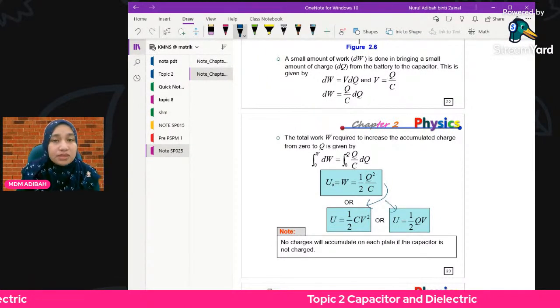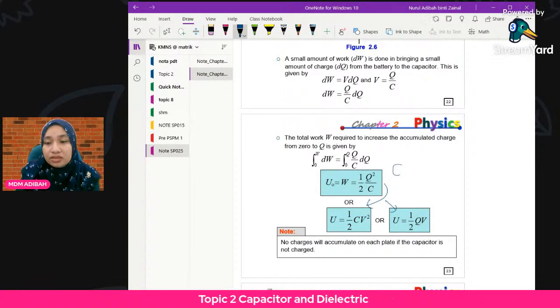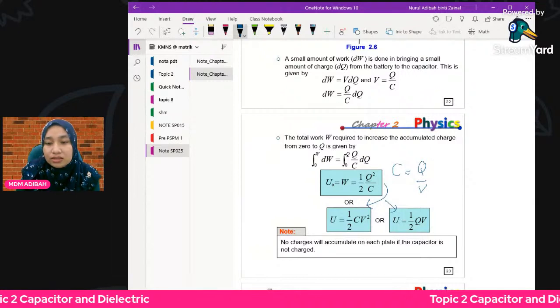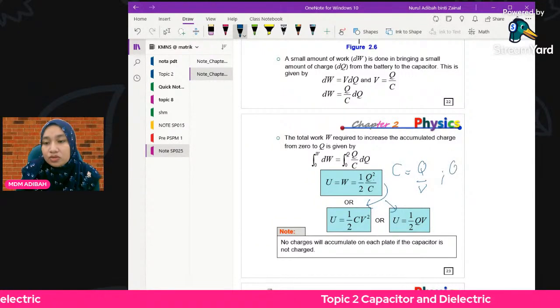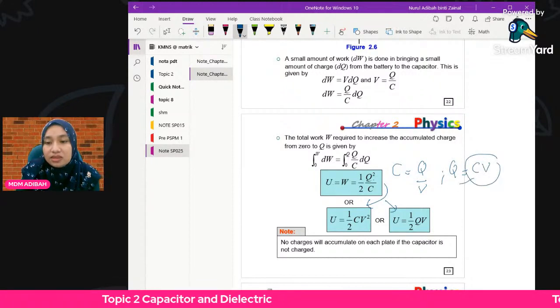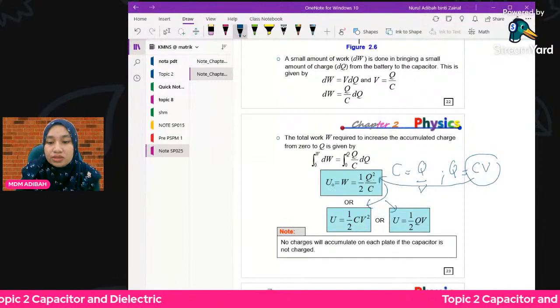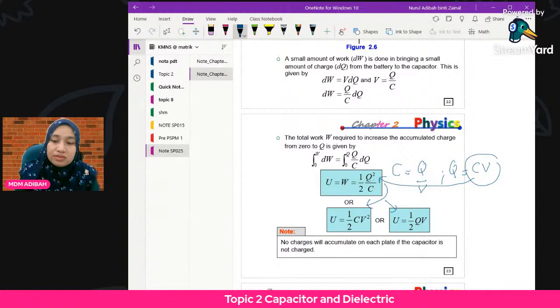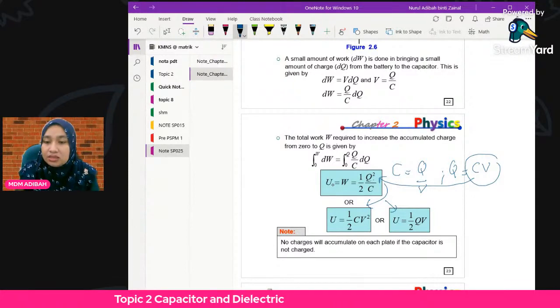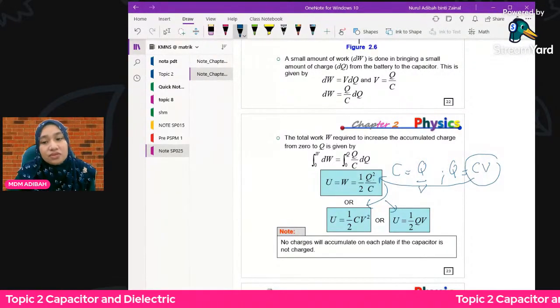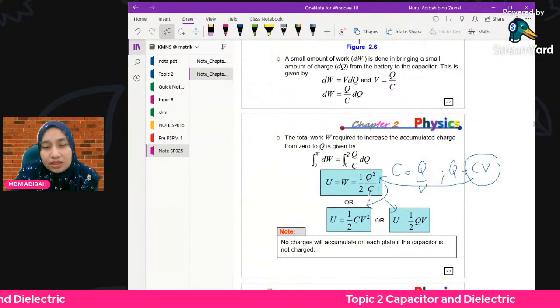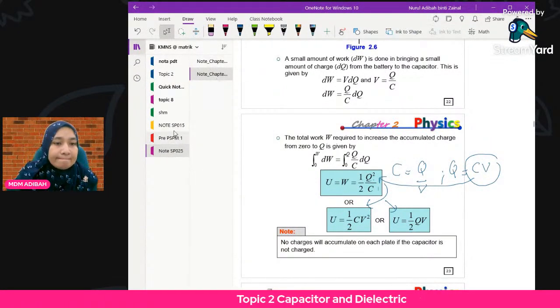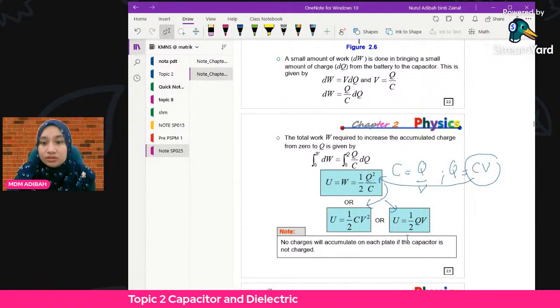Dia datang daripada formula tadi, C sama dengan Q over V. Awak hanya substitute, let's say kat sini Q sama dengan CV. Awak substitute CV dalam formula ini. So dia jadilah dalam bentuk half CV square dan juga half QV. Dan formula ni ada dalam list of formula given dalam soalan.